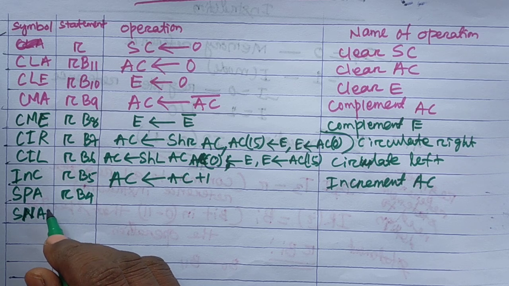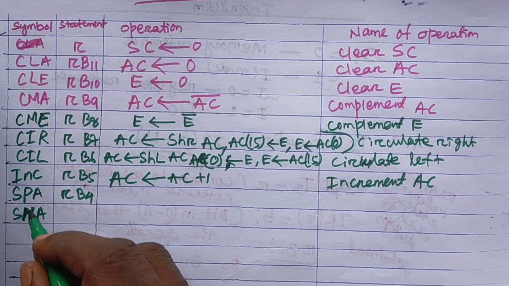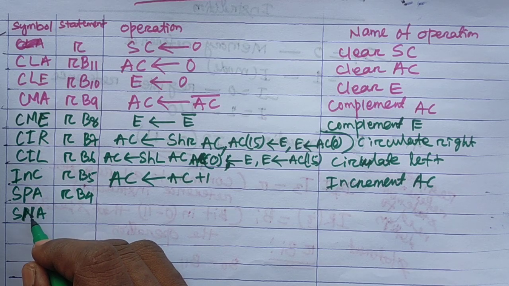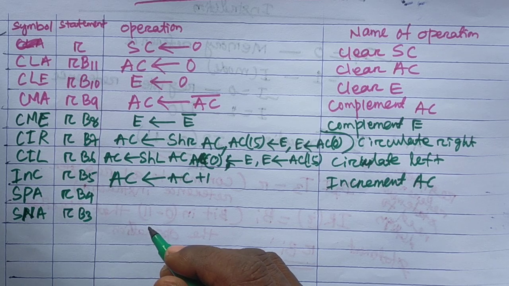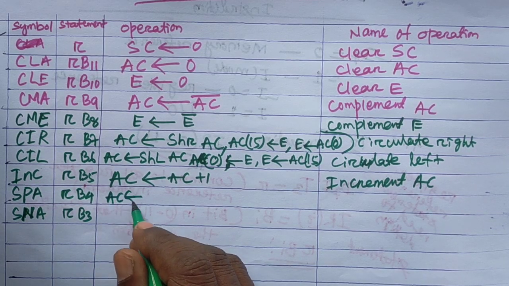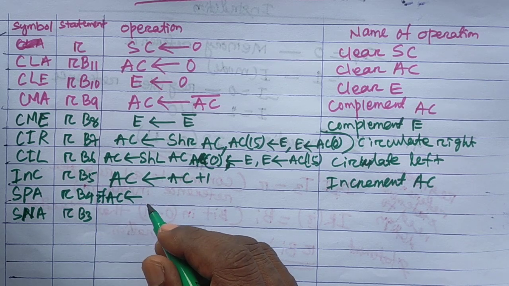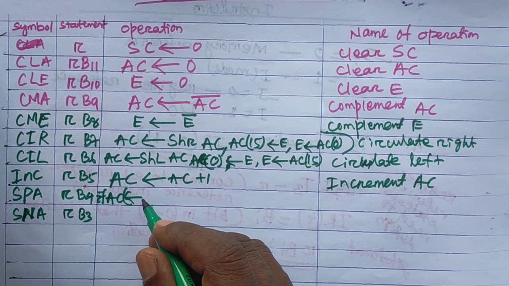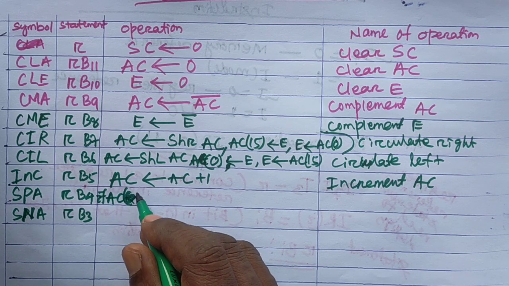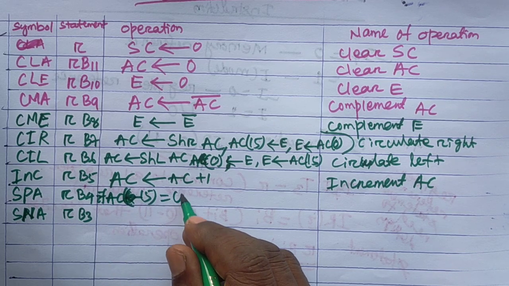Similarly, SPN, that is positive or negative. Actually the concept is positive negative, P for positive and N for negative. So this is RB3. In this case, what happens if AC position 15 is 0?